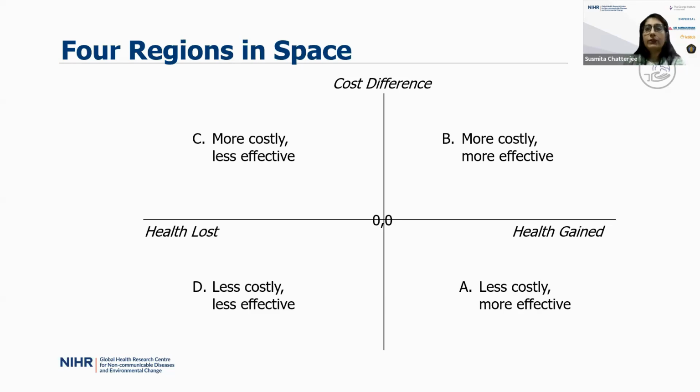I'm sure those of you who have read a little bit of economic evaluation know that there is a term called cost effectiveness threshold or willingness to pay threshold. So I'll come to that. B and D are the situations where we have to take a decision based on something, and that something is the threshold.